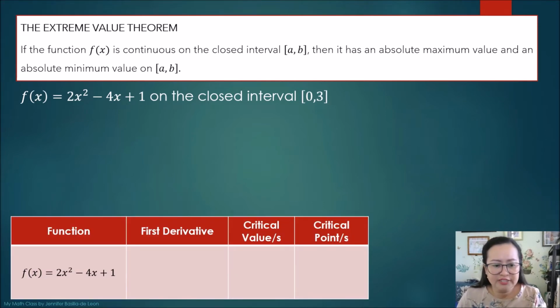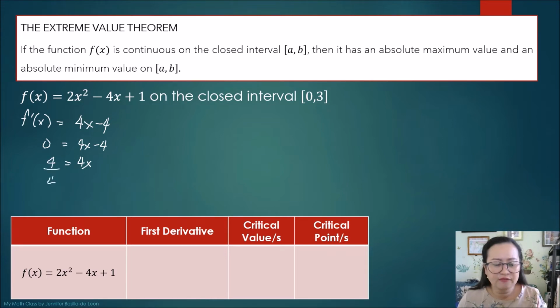Now, let's start by finding the first derivative in order to find the critical value or values of the function. Getting the first derivative, we will have f prime of x equals 4x minus 4. Now, we equate this to 0, just like what we did a while ago.